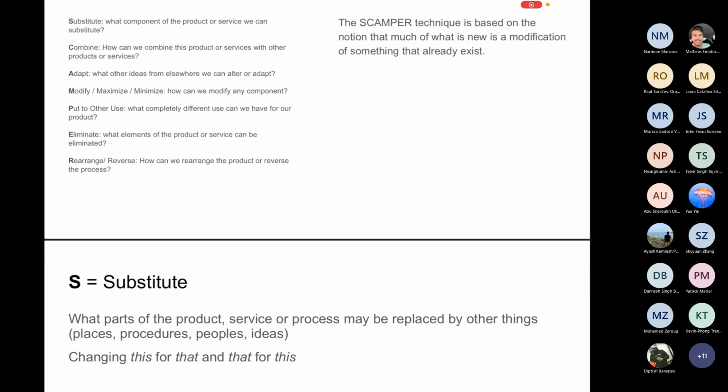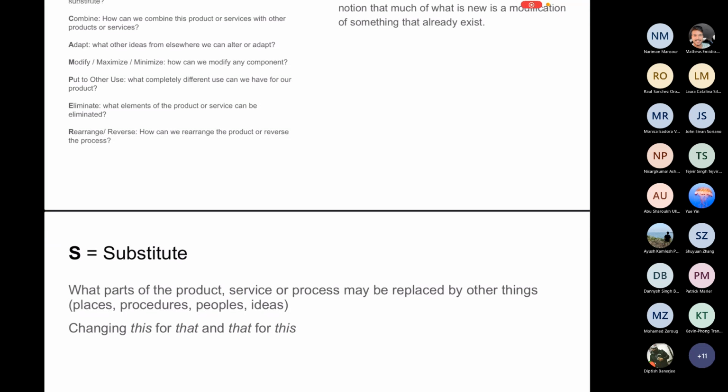Eliminate: what can I take out? Maybe some food, or my TV time. And I can rearrange or reverse my days in a different way. You see, you can apply it to so many things, problems, a process, a product. Did it shed any light on what I was explaining?